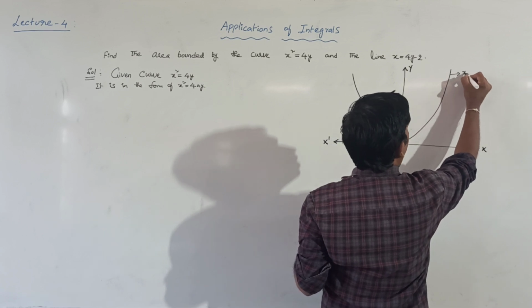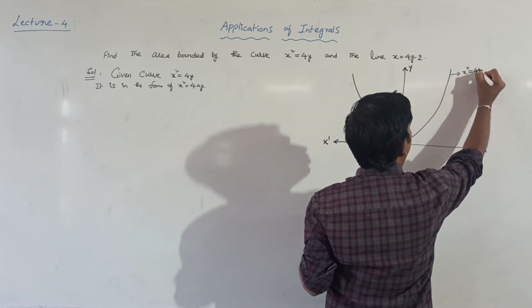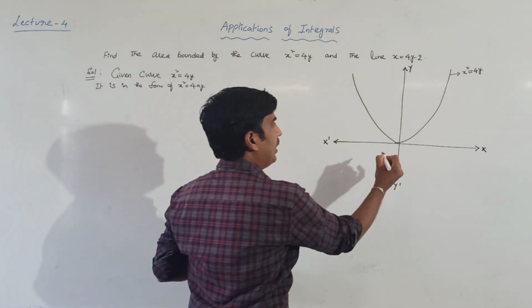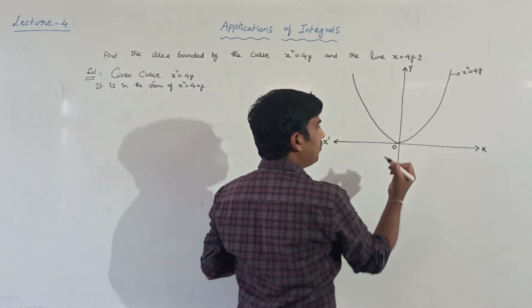This is x square is equals to 4y with a vertex at origin.